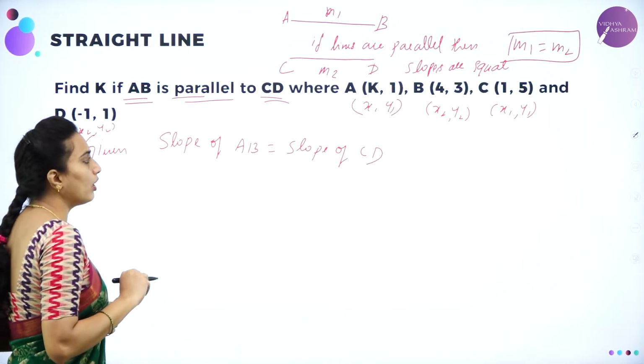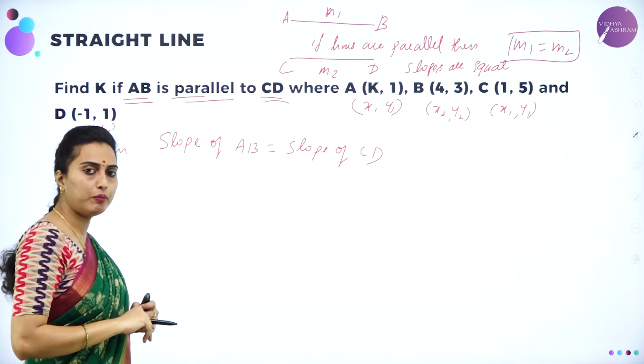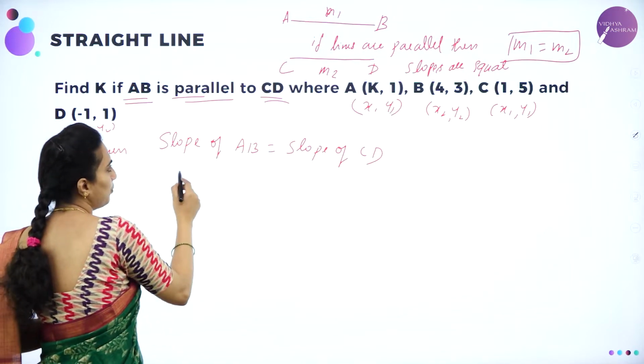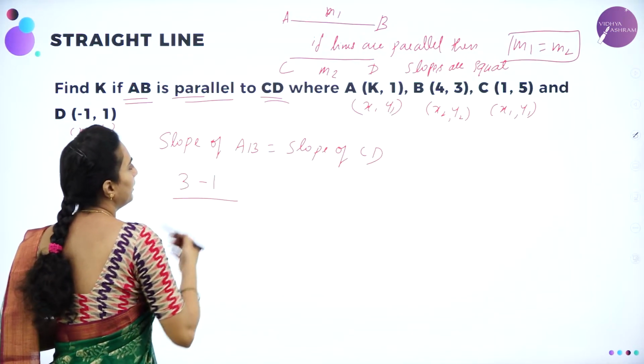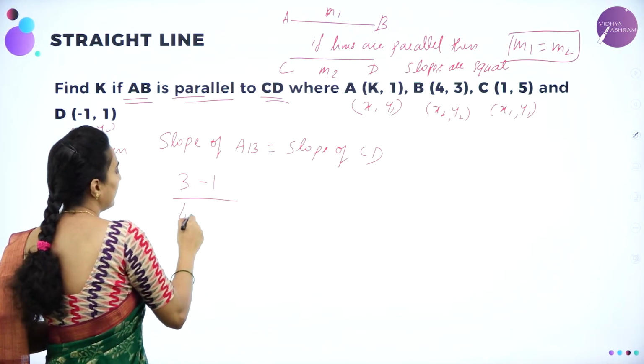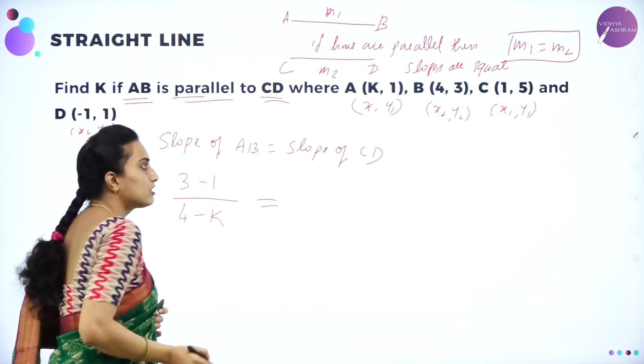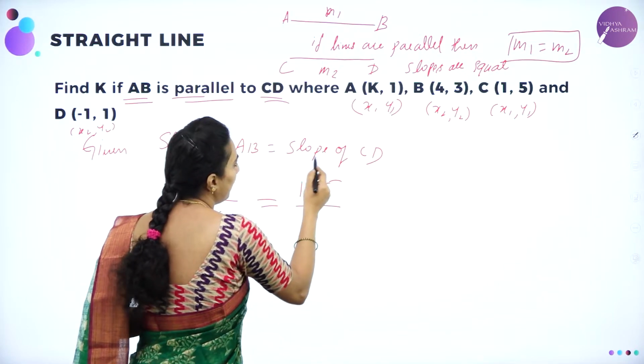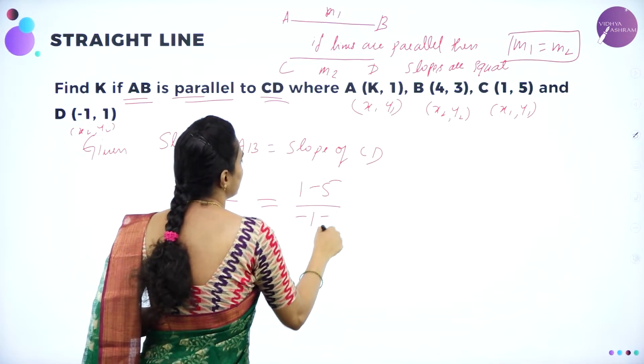Now, substituting according to the formula y2 minus y1 by x2 minus x1, for AB: 3 minus 1 divided by 4 minus k, which implies the slope of CD will be 1 minus 5 divided by minus 1 minus 1.